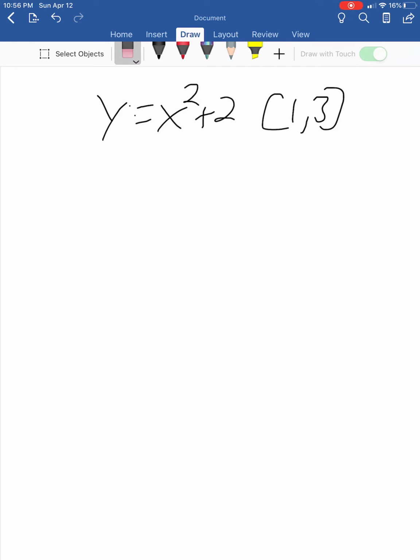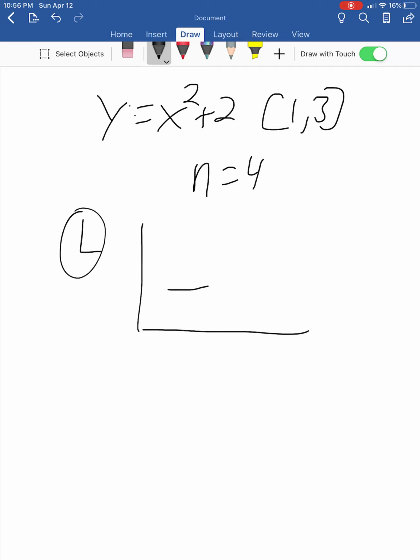So I hope you watched the other videos and got some good background information from them. So, let's add something here. Let's say n is 4, which means I want to have 4 rectangles or 4 subintervals. And we want to use the left-hand endpoint rule for this one. So I want 4 equally spaced rectangles between 1 and 3 of this function x squared plus 2.